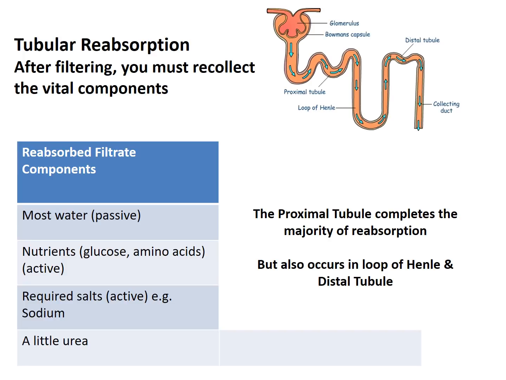Most of that reabsorption happens in the proximal tubule. Some of that reabsorption also occurs in the loop of Henle and in the distal tubule. So everything that we filter does not get eliminated as urine. In fact, most of what we filter will get drawn right back into the bloodstream and not be eliminated.